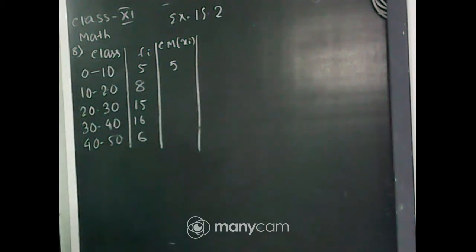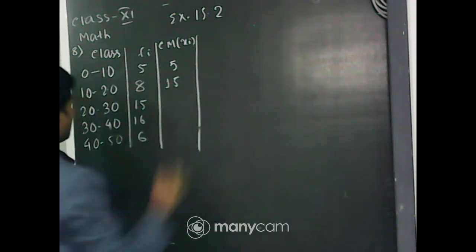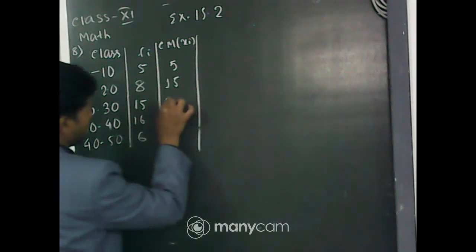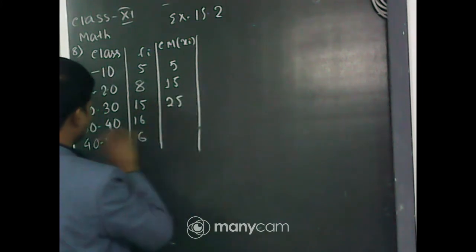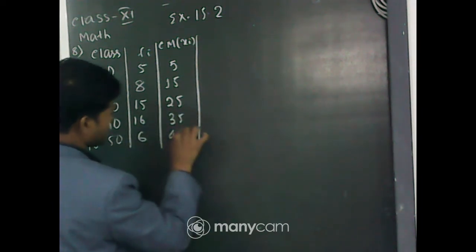Similarly, the class mark of 10 to 20 is 15, of 20 to 30 is 25, then 35 and then 45.